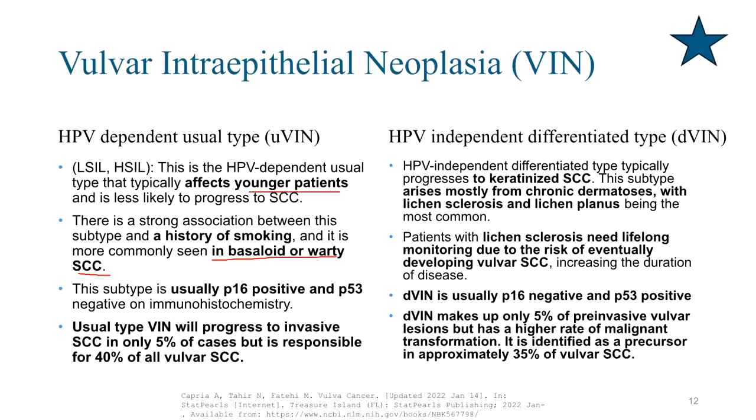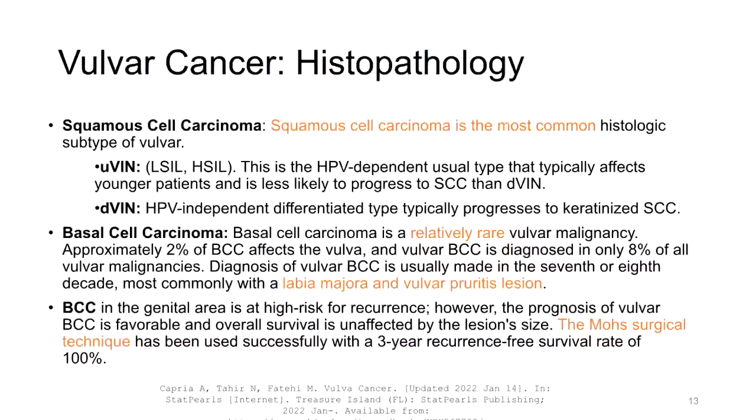This differentiated type makes up only up to 5% of the pre-invasive vulvar lesions, but has a higher rate of malignant transformation, and it's responsible for around 35% of the vulvar squamous cell carcinoma.